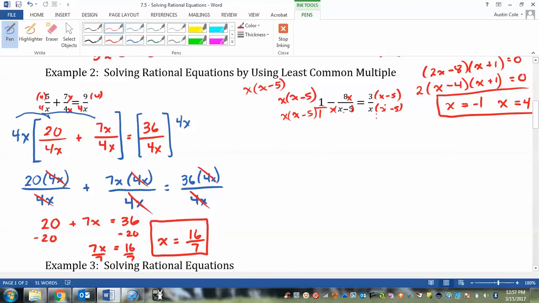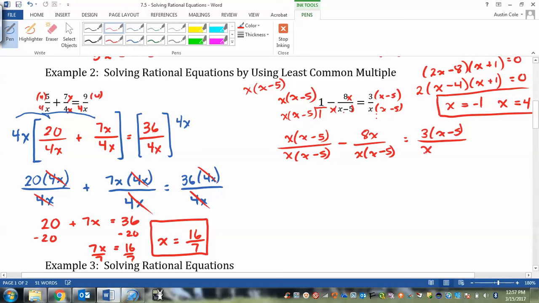Okay, so if I look at this, I'm going to have x times x minus 5 over x times x minus 5 minus 8x over x times x minus 5 equals 3 times x minus 5 over x times x minus 5.